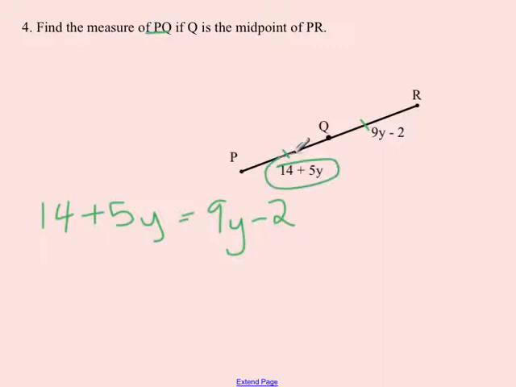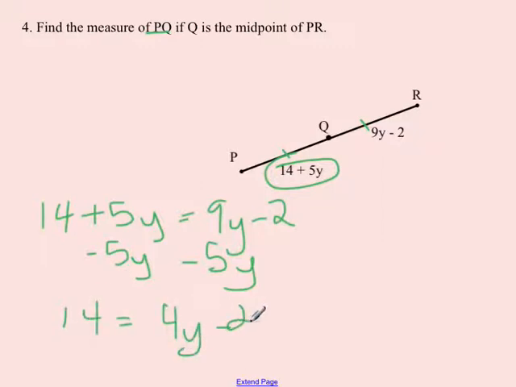Well, to know the measure of PQ, I need to know what y is equal to. So first thing I'm going to do is get my y's on the same side of the line. So I see that that's a positive 5y. So to get it over to the other side, I'm going to subtract 5y from both sides. So I get 14 is equal to 4y minus 2.